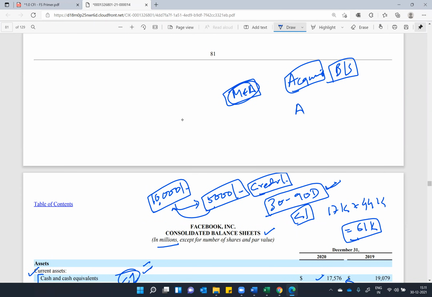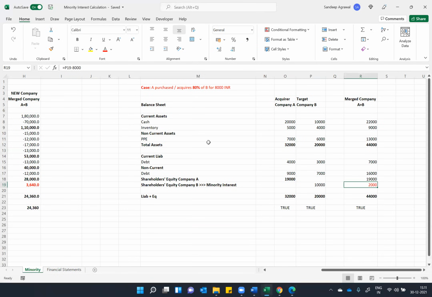So let's say you are company A and you have acquired company B, which is the target. Let's use the minority case only so that I can show it to you. So you have acquired company B. As per this statement, the total equity of company B is 10,000, which is assets minus liability.